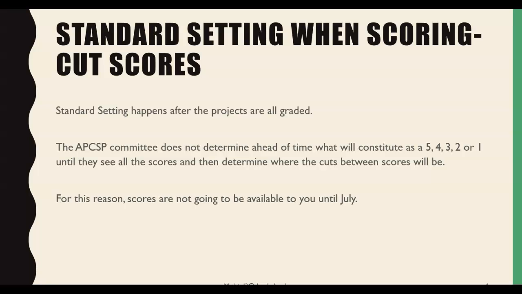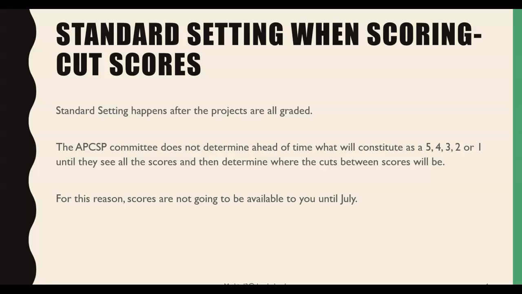What happens is the reading committee doesn't determine that before they grade. All they do is grade based on whether they see it or whether they do not. And then they sum up all the totals and they try to figure out, okay, where is the bell curve in this data?